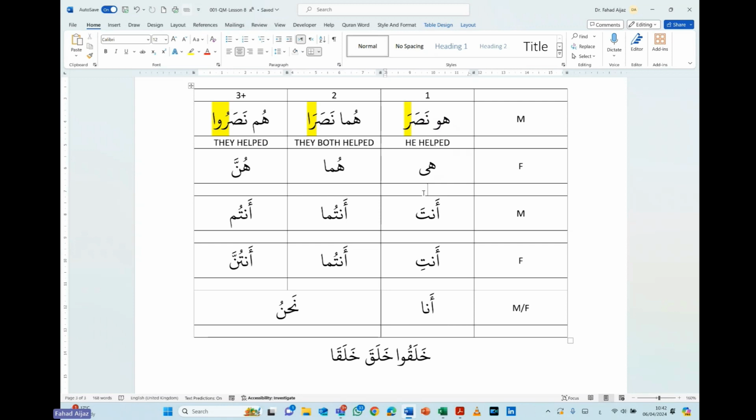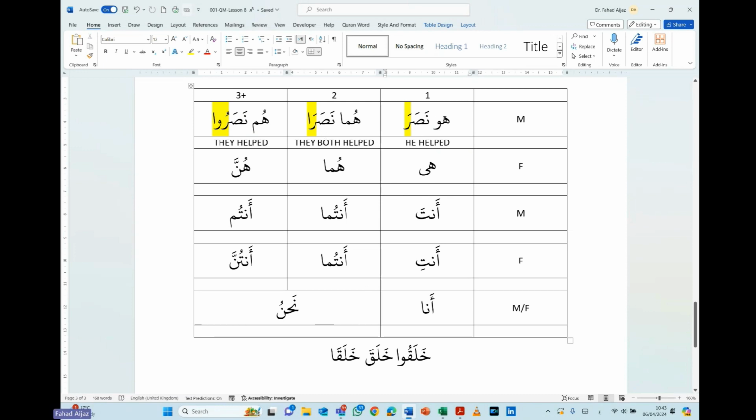You're just talking about one word, and you're seeing how that word changes itself with each pronoun. That's morphology. That's a sarf study. A study of words, how they are formed, created, where they originate from, and all of those things. So this is a flavor of sarf study that you are doing, and of course, it's a very big study in itself to understand where the words come from, and it's an inspirational study. It gives you lots and lots of wisdom from the Quran.